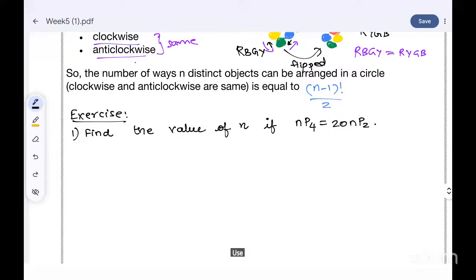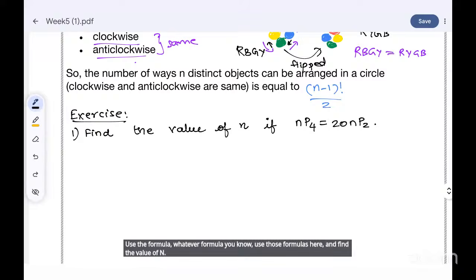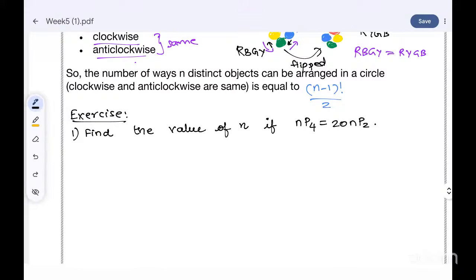Use whatever formula you know and find the value of N. Can you all try?